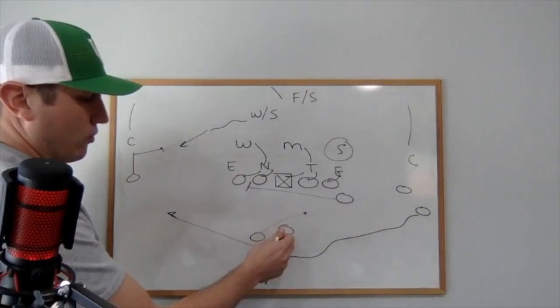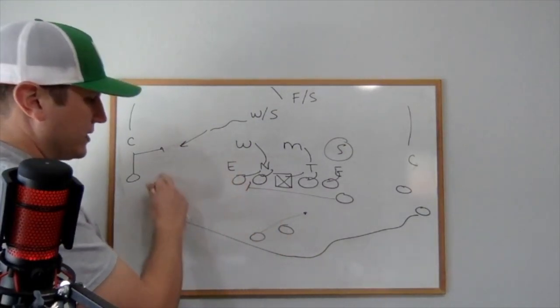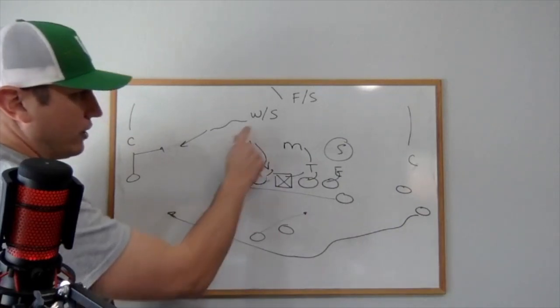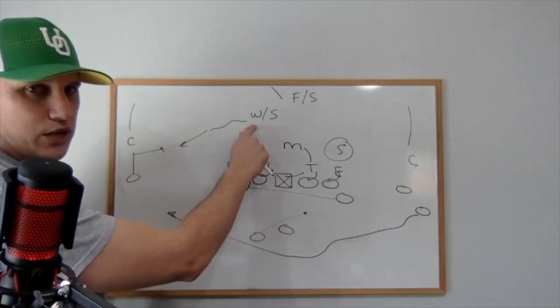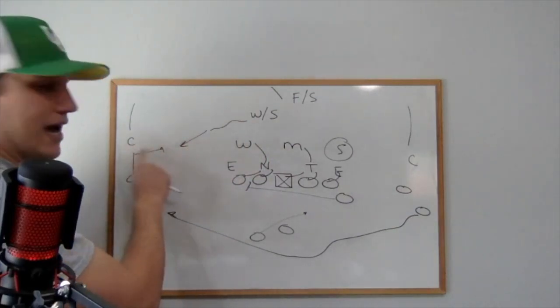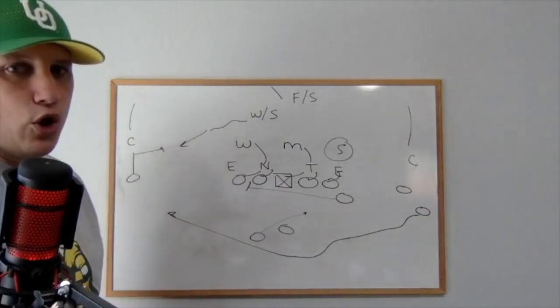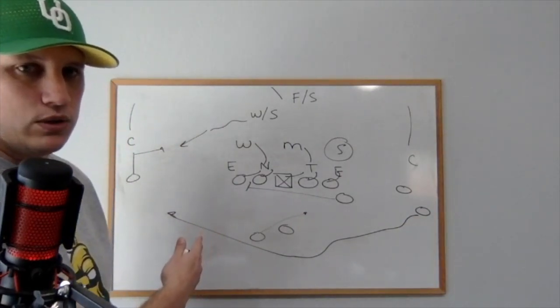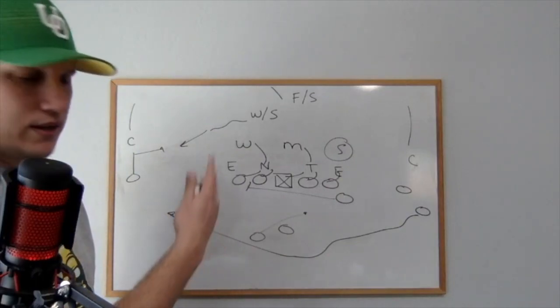Pre-snap for Mac Jones, he's got a ton of space out here. He's got leverage on this safety with weak rotation. And he's got this receiver who can block one of these guys, right? One guy's going to be open, and Alabama's taking the chance that you're not going to make an open field tackle on our athlete in space, and that was actually the case.